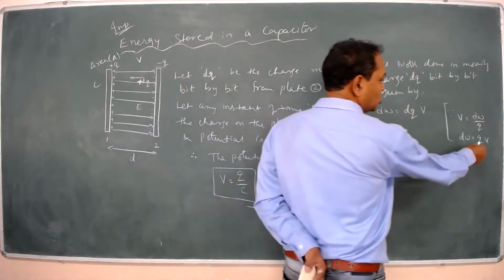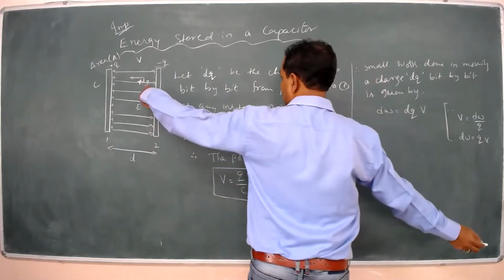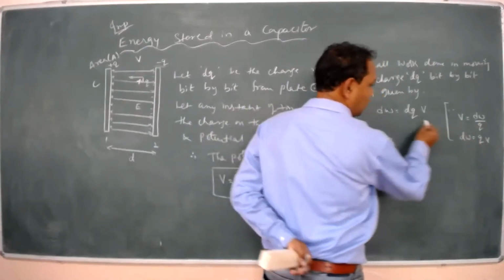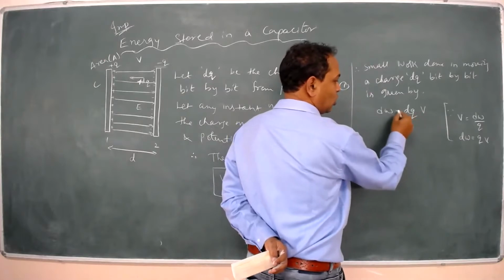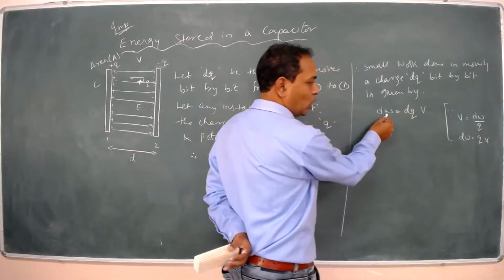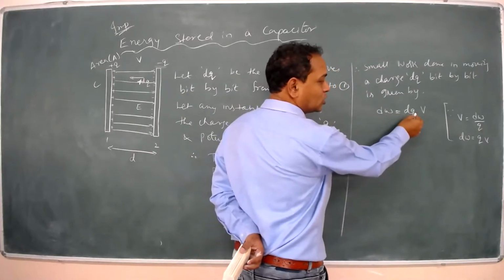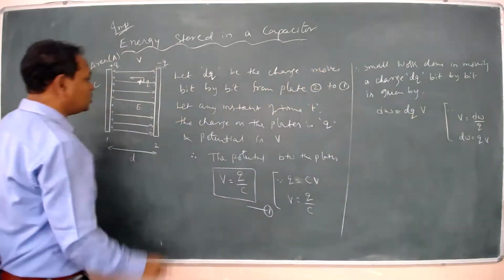Here, the charge I am moving is dq, the small charge. So this is the small work done in moving dq charge. But finally, how much am I moving?